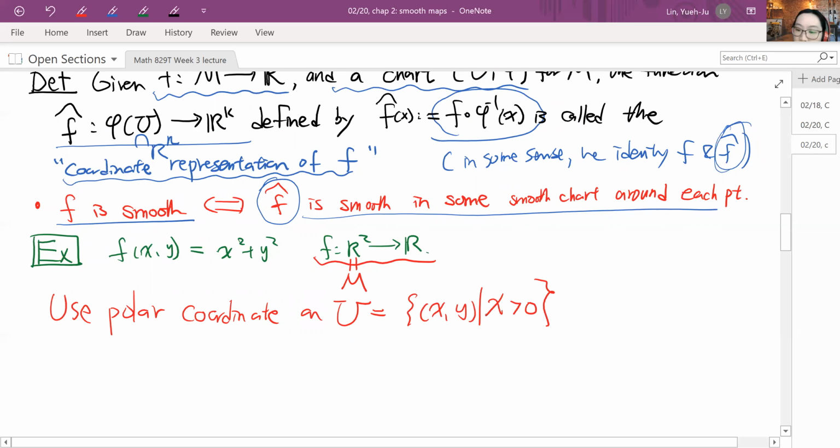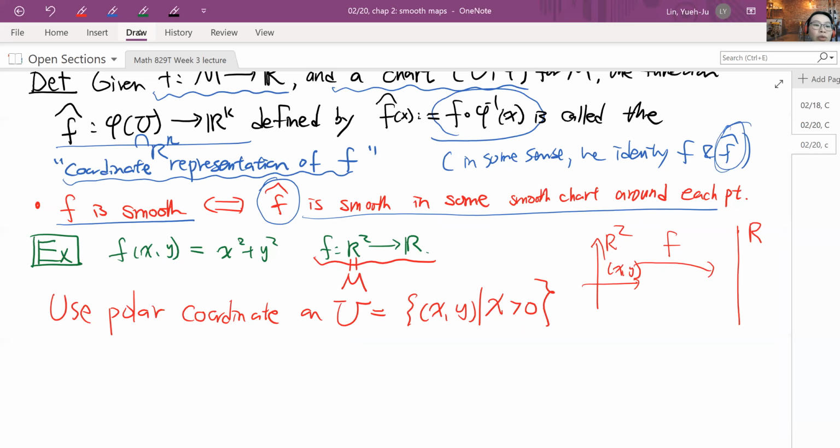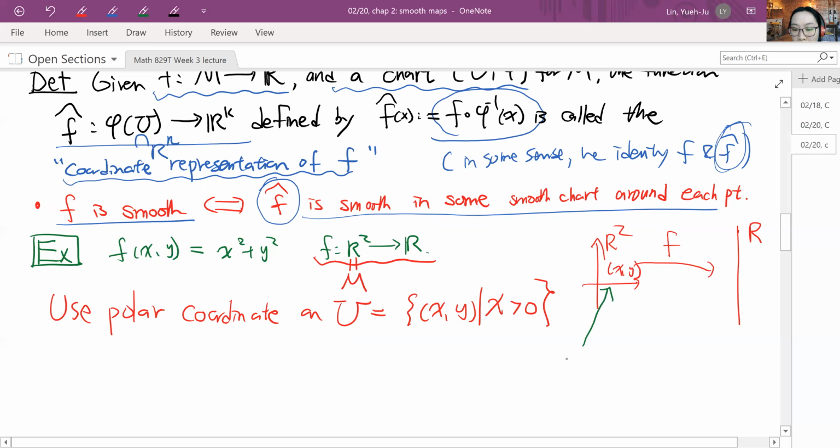So let's say I have R^2, I'm just drawing the picture here to help me think. You have x and y here. But instead of using x and y, I want to use a specific coordinate, which is polar coordinates, r and theta, right? And going from (r, theta) to the plane is phi inverse.